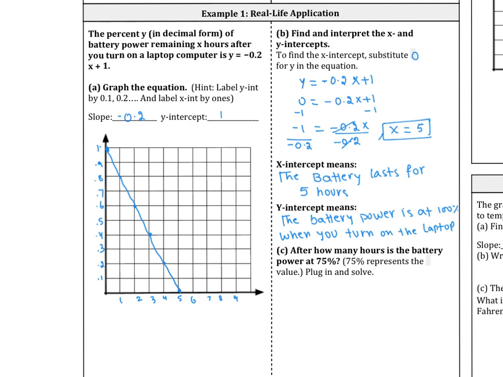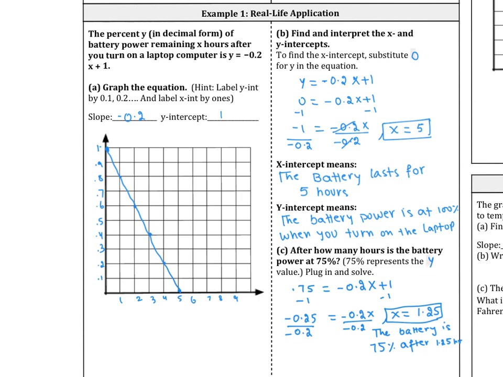Letter C is: after how many hours is the battery power at 75%? So 75% represents y. So we are going to plug 75% in for y in the given equation. 75% means 0.75 equals negative 0.2x plus 1.